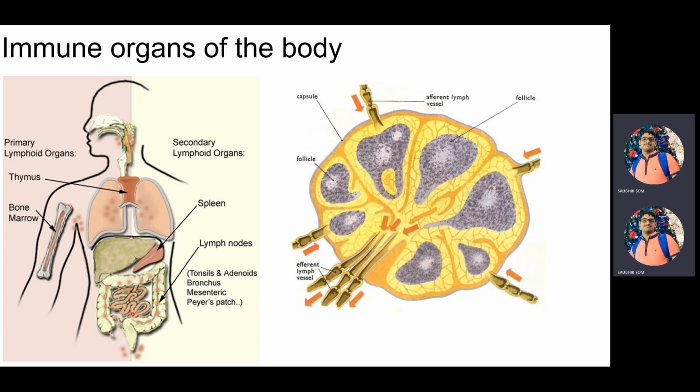Also, there are lymph nodes, which are part of the lymphatic system and are also known as the secondary lymphoid organs. This is another image of a lymph node.